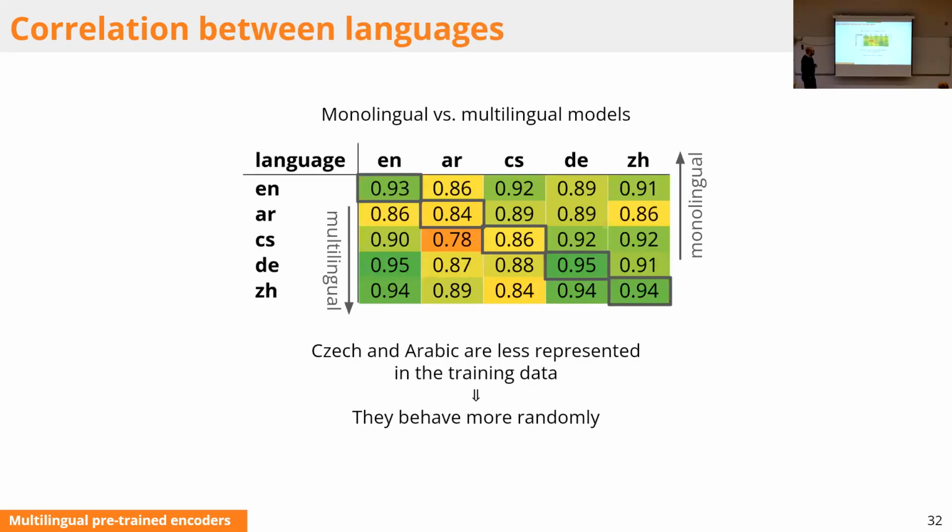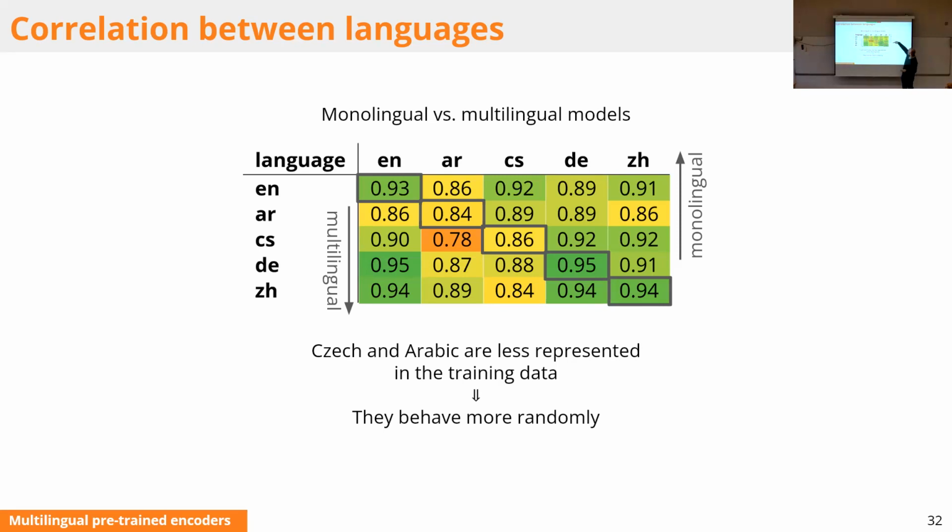And also we can see some differences between the languages. This plot might be quite hard to understand. What is below the diagonal shows how the languages correlate with each other in the multilingual model.